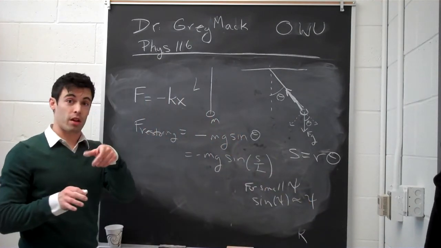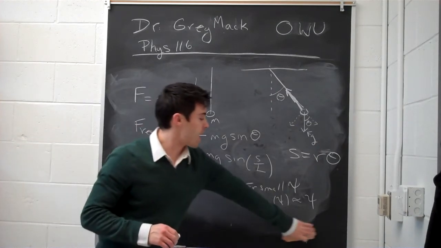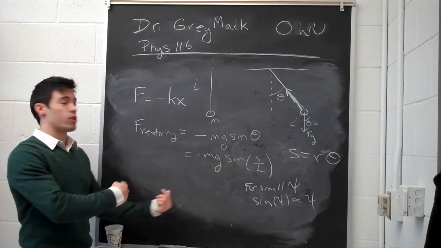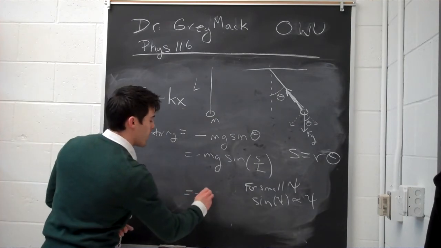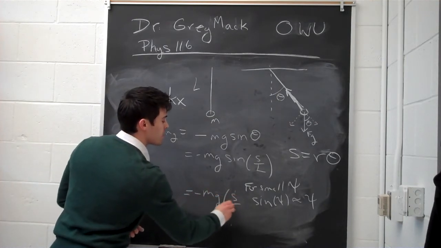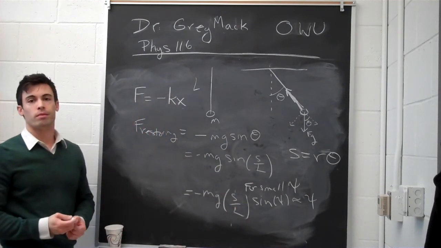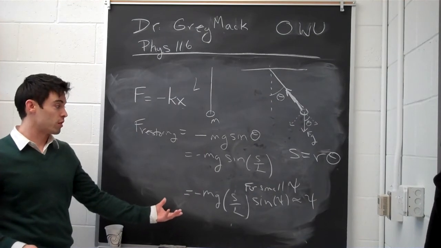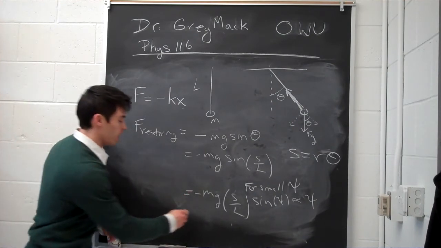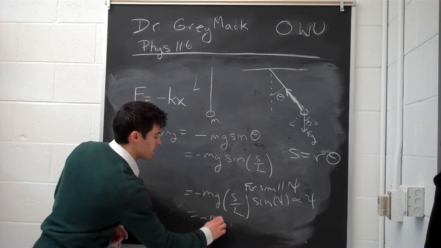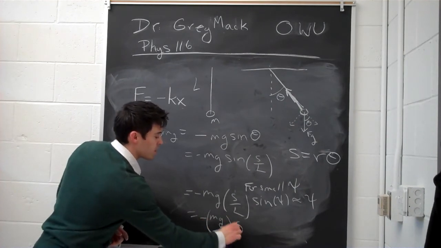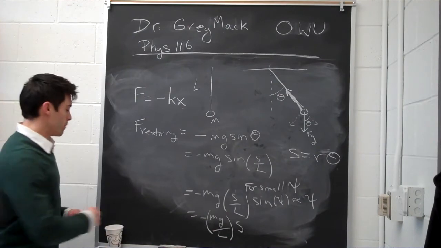You can check that on your calculator for small angles. And so for small angles, we can write this restoring force as minus mg times S over L. Now we do have a Hooke's law force, a restoring force of minus mg over L times S.